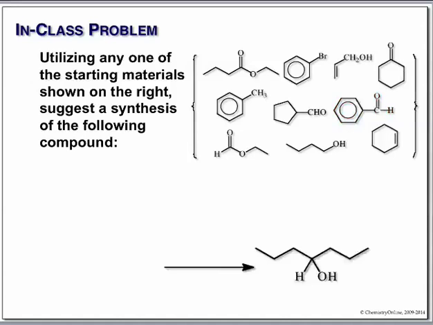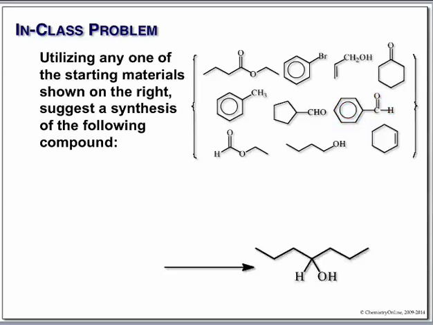Let's do another one with this set. Here we're going to make a secondary alcohol. Now we've seen there are ways that we know to make secondary alcohols. We can take a ketone and reduce it. We can also make a secondary alcohol from a Grignard reaction with an aldehyde.